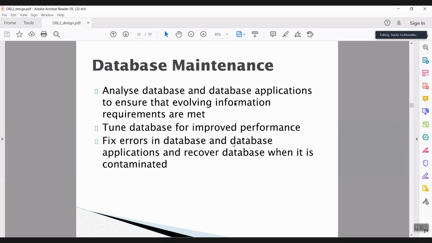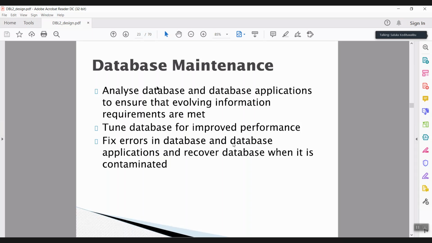In maintenance, there are several aspects. As I mentioned, maintenance is basically done to make the database long lasting. Though it is long lasting, whether a particular database is accepted by end users depends on whether it facilitates the user requirements.